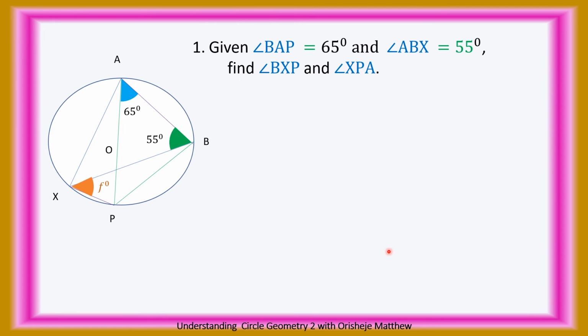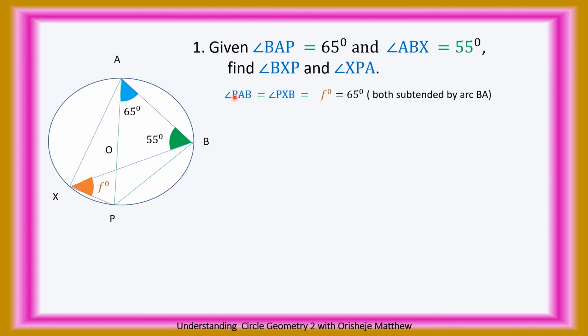Now let's look at this. Given angle BAP equals 65 degrees, shaded the blue angle here, and angle ABS equals 55 degrees, that is this green angle here. Find angle BSP and angle SPA. How do you do this?